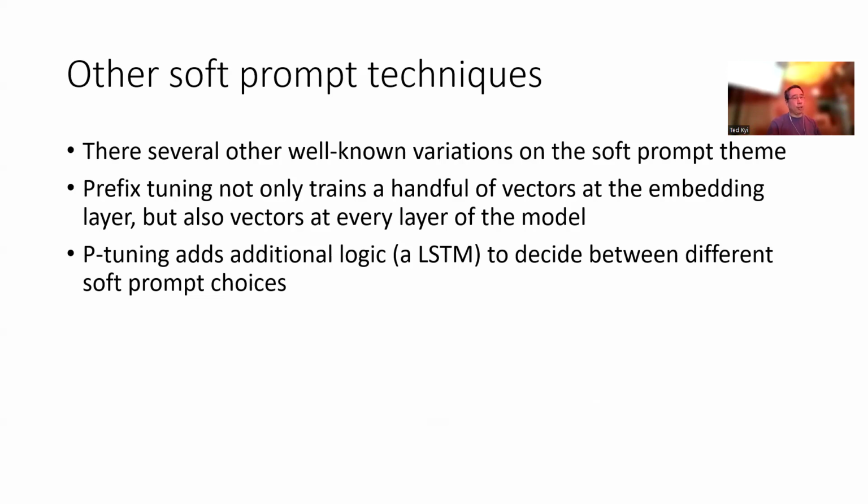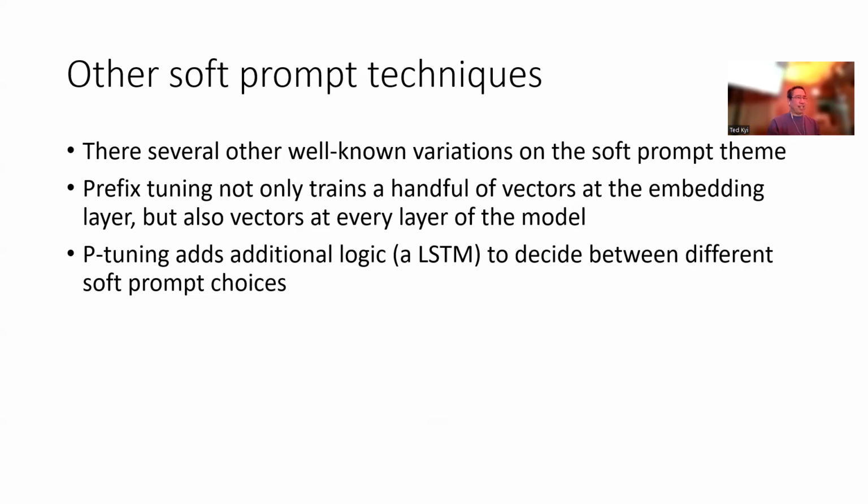There's also one called p-tuning. I haven't spent a lot of time on it, but the idea is, in the previous slide I showed an example where you might have different prompt tuning dense vectors that you insert at the beginning. You could have a small model like an LSTM that chooses what you should actually stick in there.